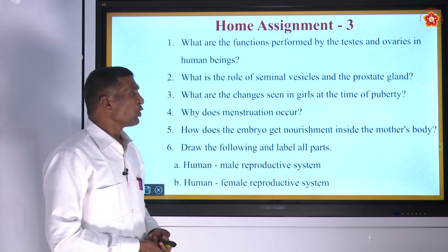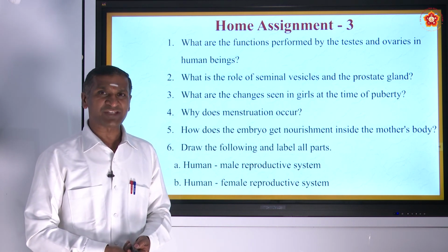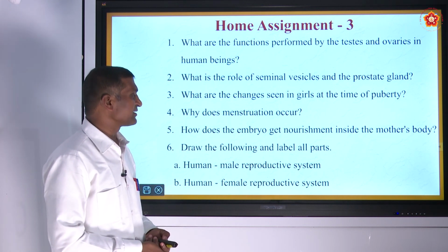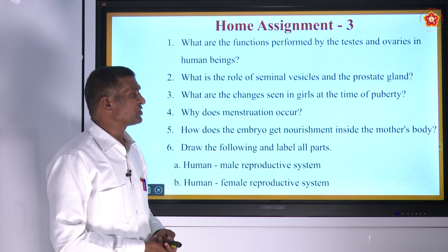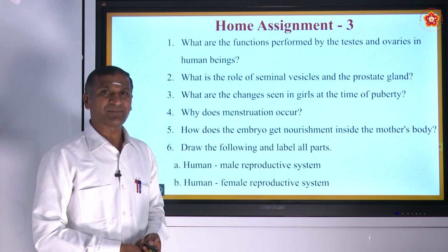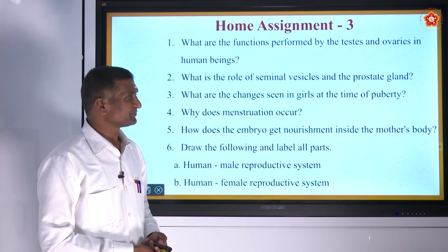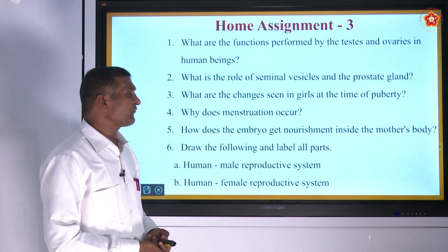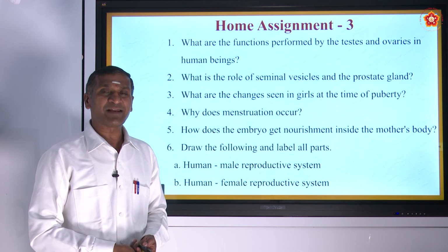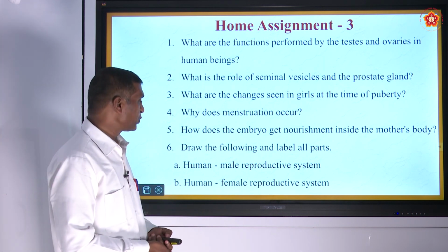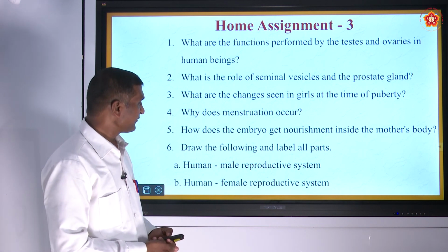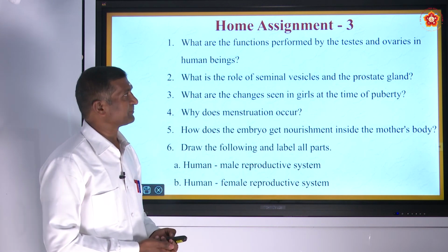Fourth question, why does menstruation occur? Fifth question, how does the embryo get nourishment inside the mother's body? Sixth question, draw the following and label all parts: human male reproductive system and human female reproductive system.